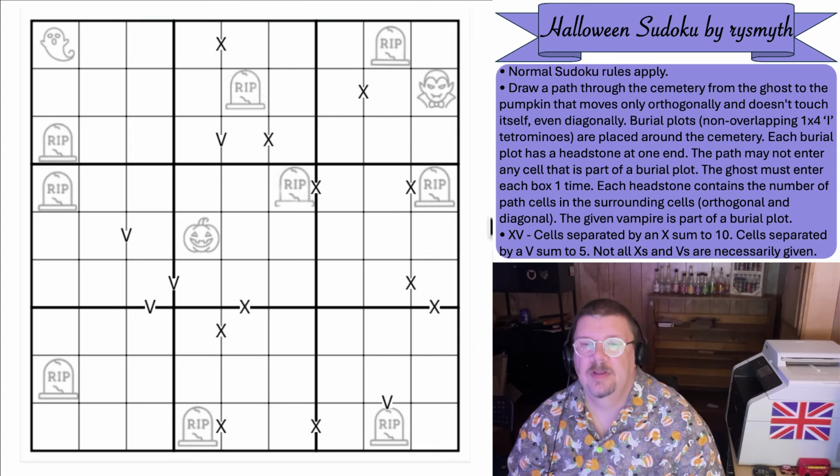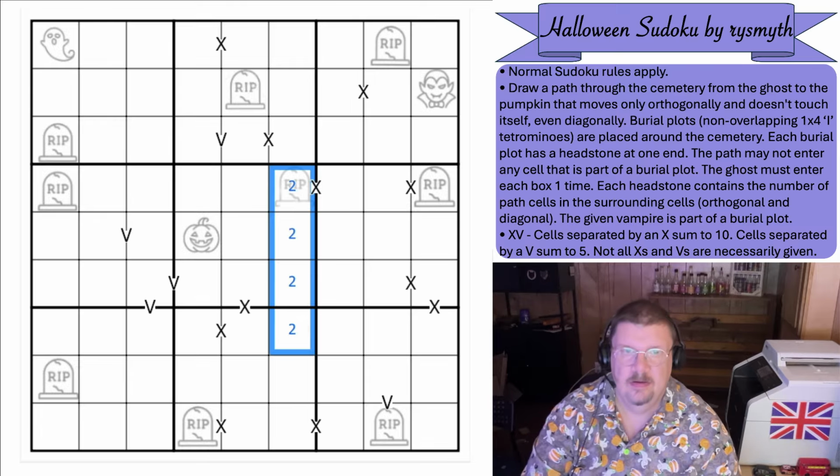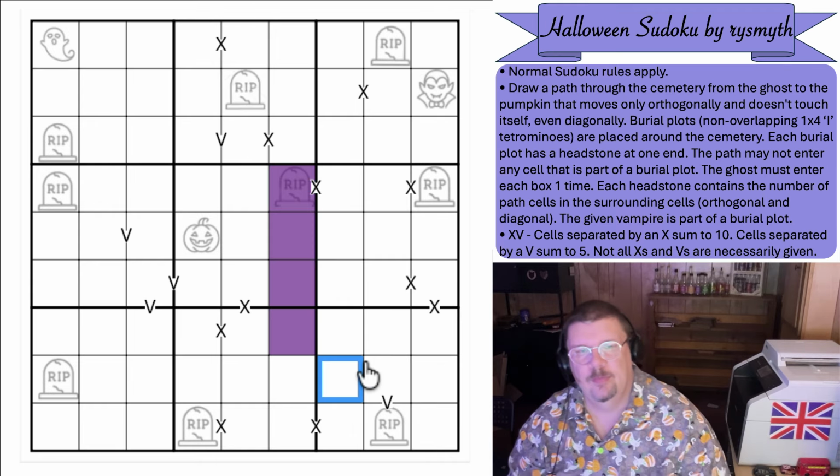Burial plots are non-overlapping 1x4 L tetrominoes placed around the cemetery. Each burial plot has a headstone at one end. So an example would be that could be a burial plot.